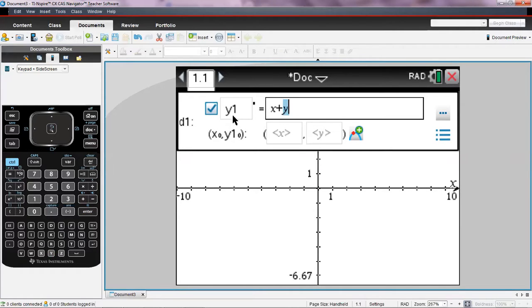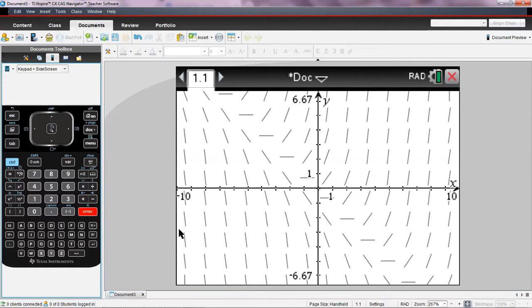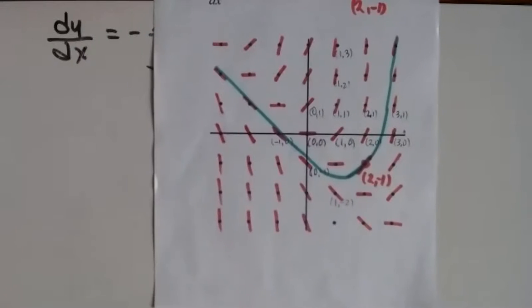If I put x plus y, I'm not going to see anything, because this is y1. So here you have to put y1. Then you press enter, and you see the slope field. You remember this one. It's pretty much the one we sketched.